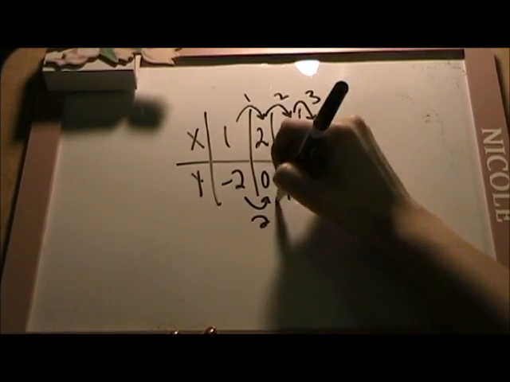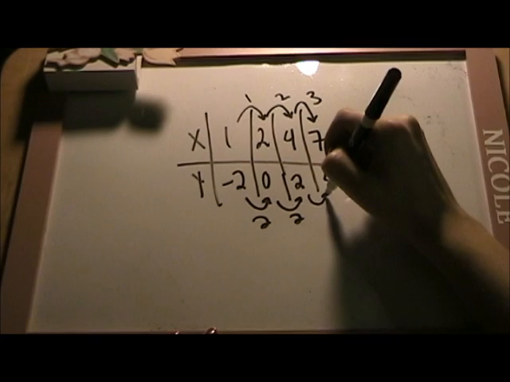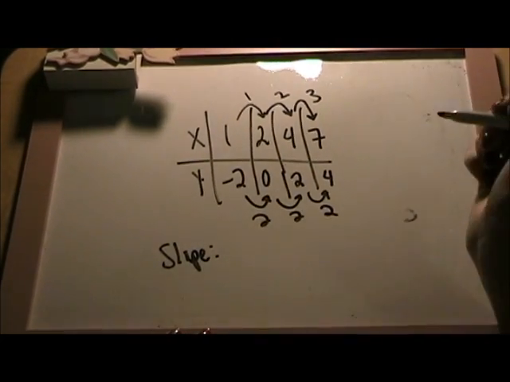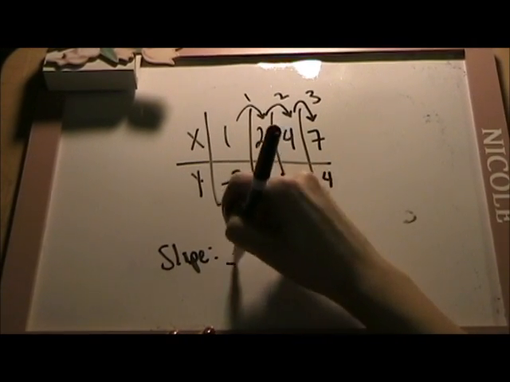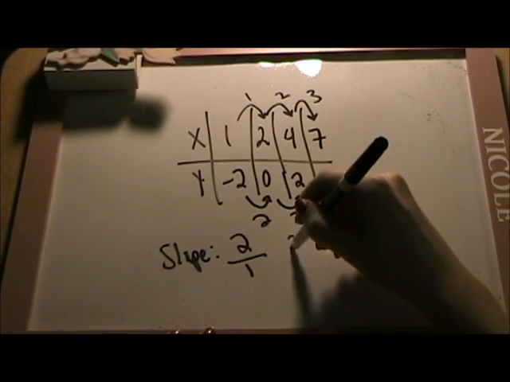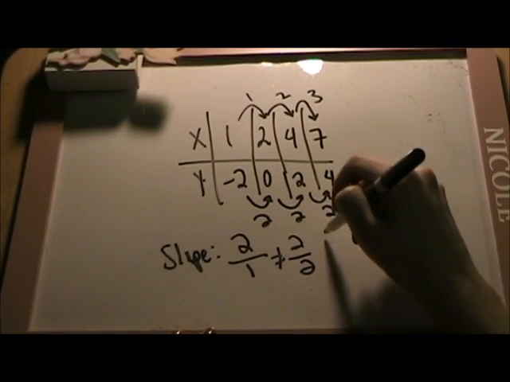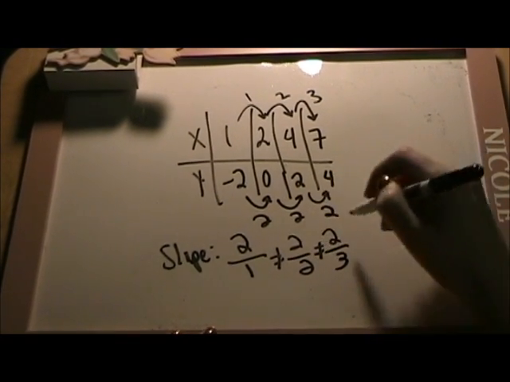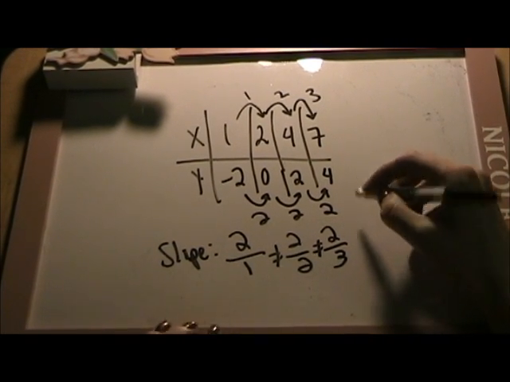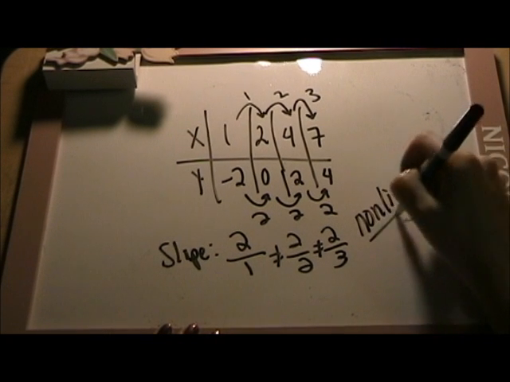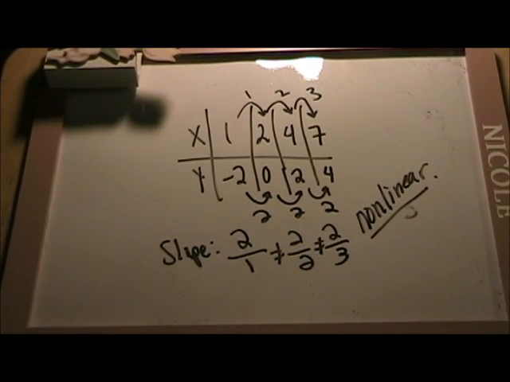This would be 2, 2, 2. We compare the slope. First one is 2 over 1. Second one is 2 over 2. These are not equal. Okay, we can even look at the next one, which is 2 over 3, not equal. As soon as you have two slopes that aren't equal, nonlinear. So comparing the slope between the values.